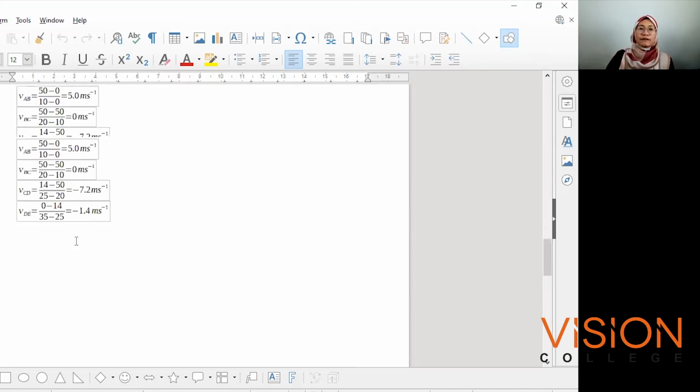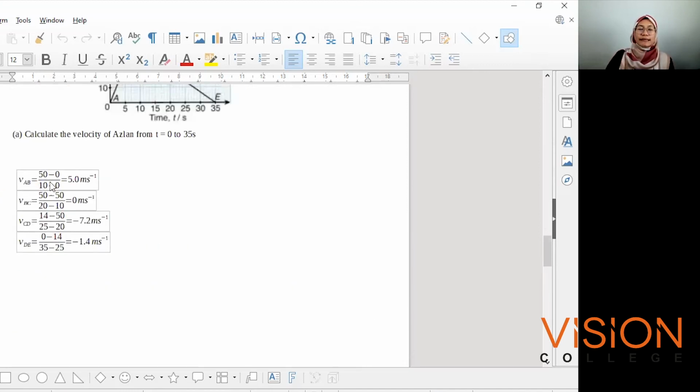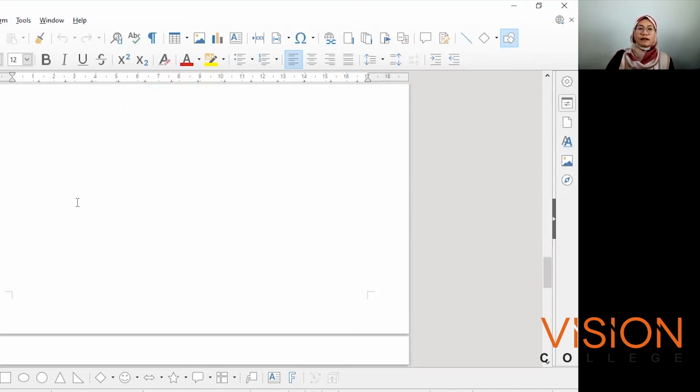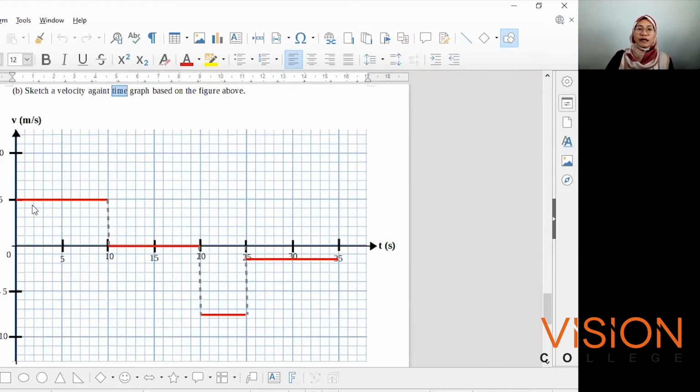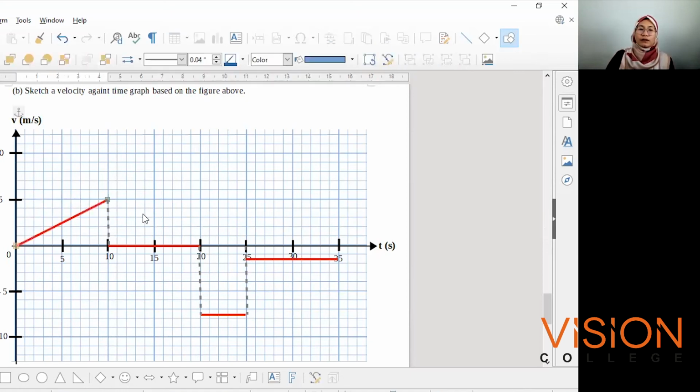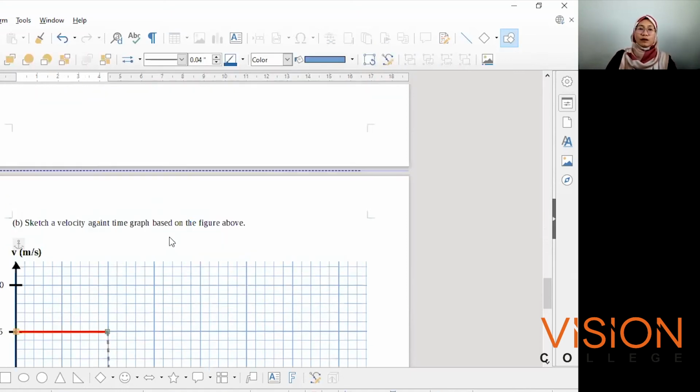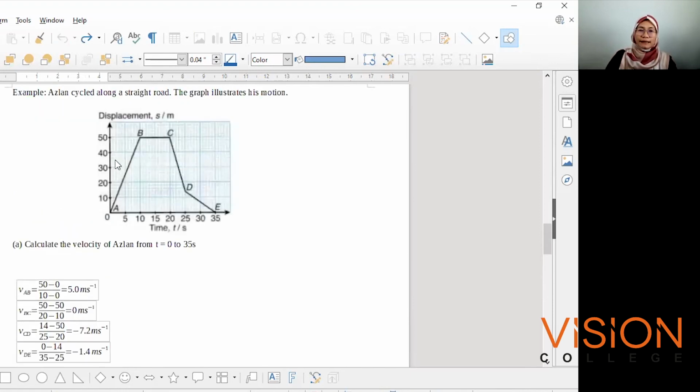Okay, so the graph here says from 0 to 10 seconds, the value is 5. So it will be a straight line at 5. You cannot draw it sloping from 0 to 10 seconds. Why? Because we know that the line here is directly proportional. It is increasing. So the displacement versus time graph is increasing.